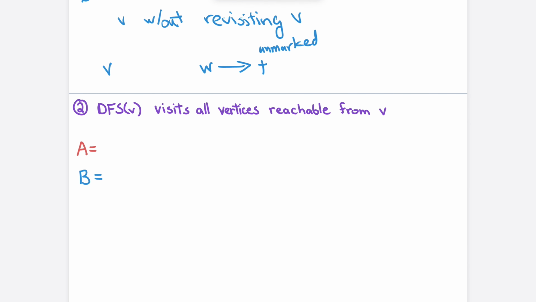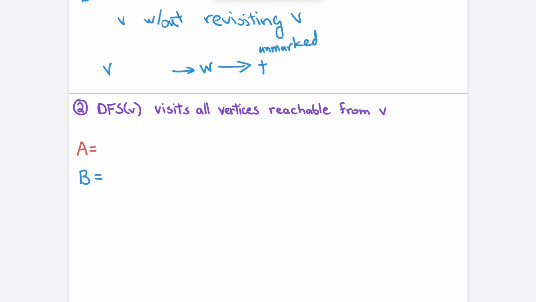W is marked, so we would have traversed that edge, which means we have to go back to W from V along this path, and therefore W is marked and T is not, which is wrong, and so we did mark T.